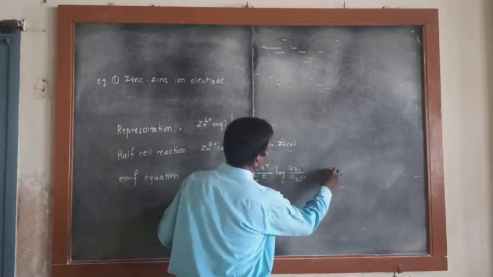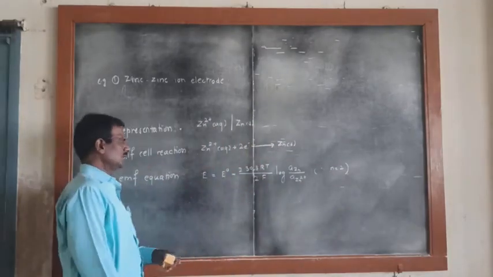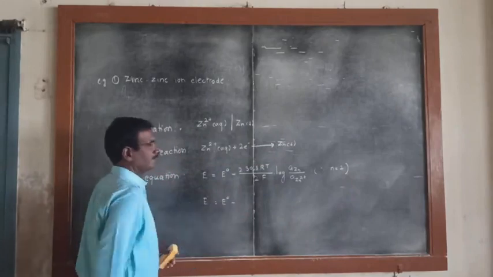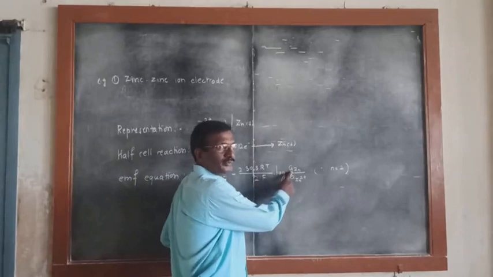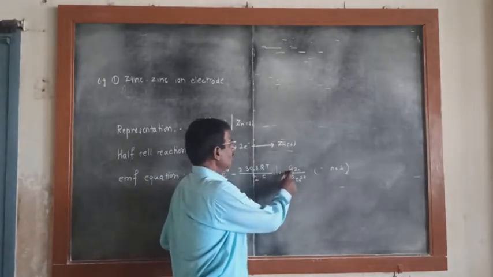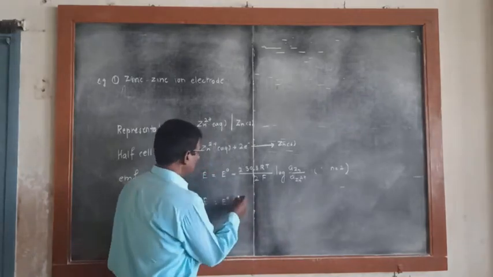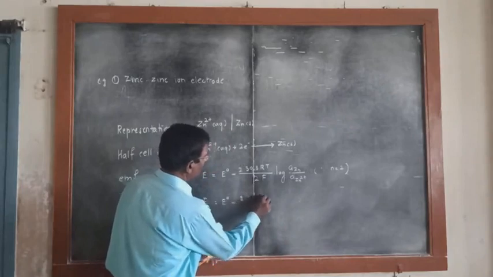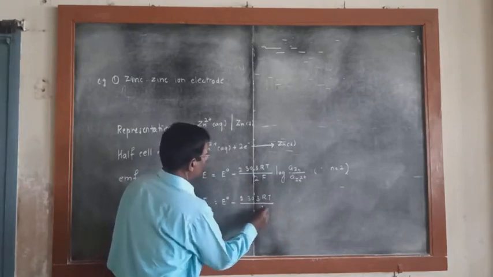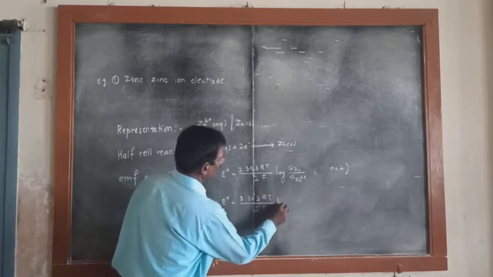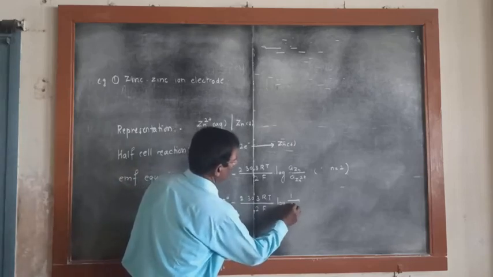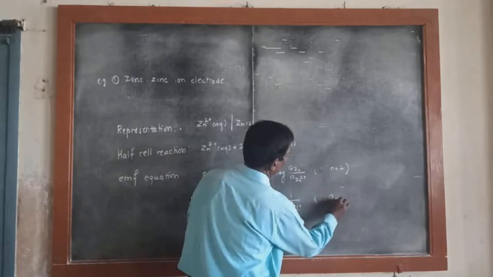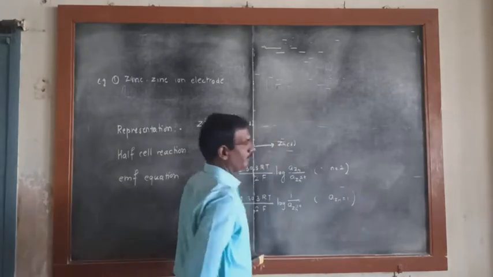Since n is equal to 2, and we know that activity of any metal or liquid is 1, therefore E is equal to E0 minus 2.303 RT upon 2F into log of 1 upon activity of Zn2+. Here activity of Zn is equal to 1.